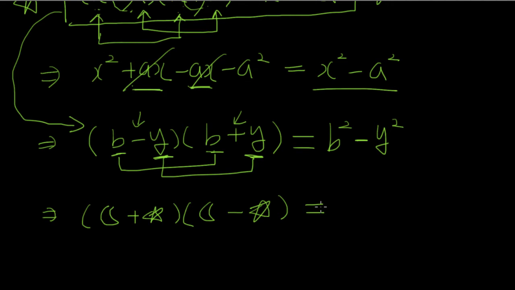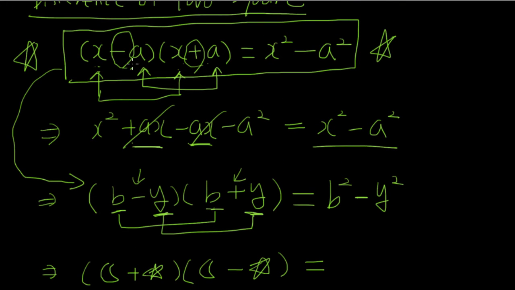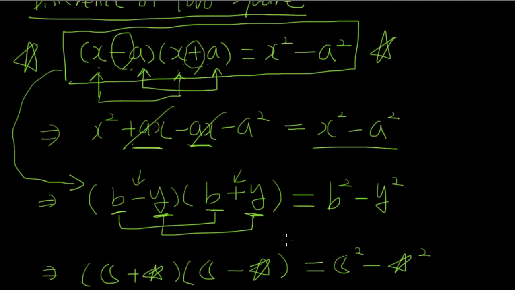What should this be? According to this formula, we have the same first term, same second term, one plus, one minus. So this should be moon squared minus star squared.